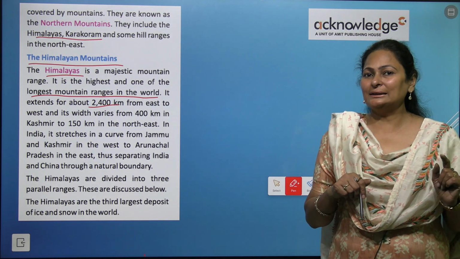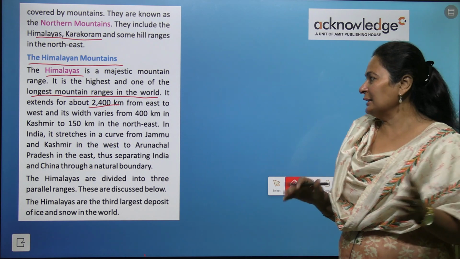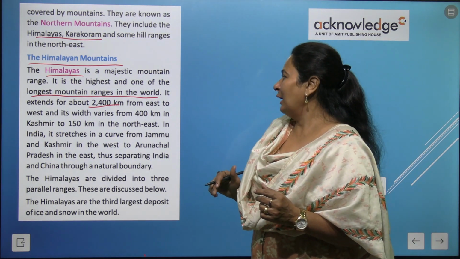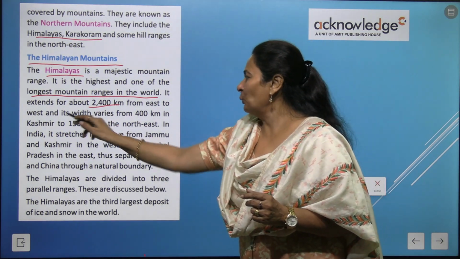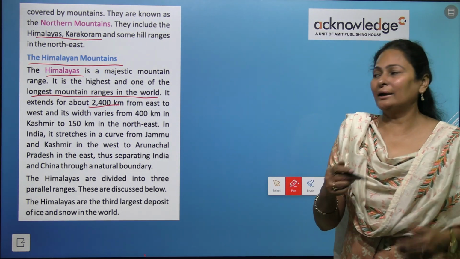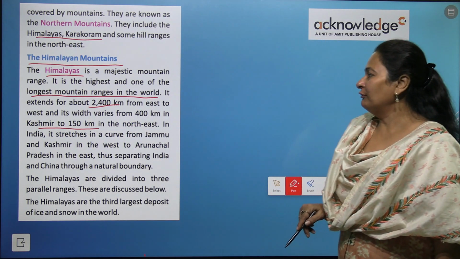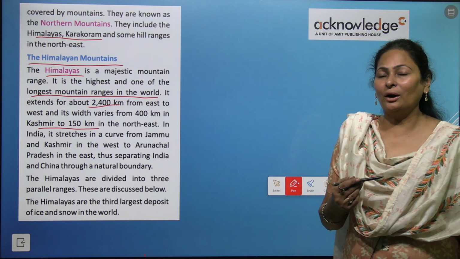We have learned in the last chapter, 2,400 kilometers from east to west, and its width varies from 400 kilometers in Kashmir to 150 kilometers in the northeast.